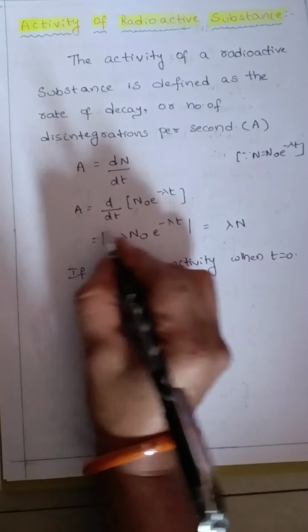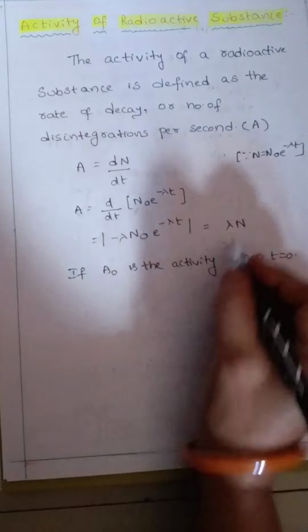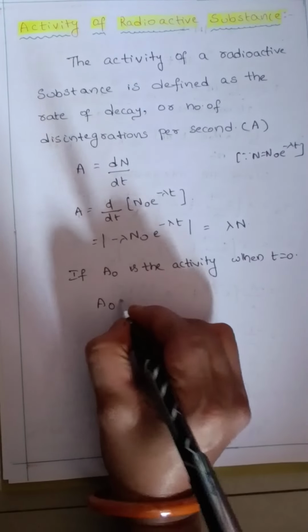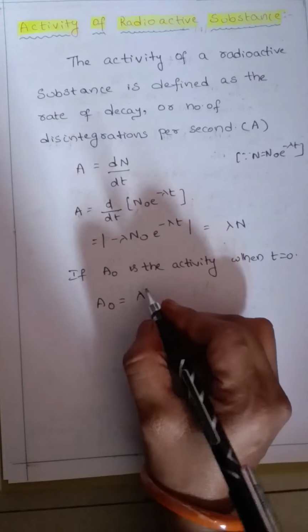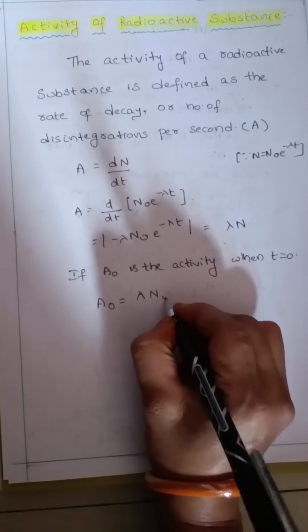So here A is equal to lambda N, so we can write A naught is equal to lambda, the decay constant, times N naught.